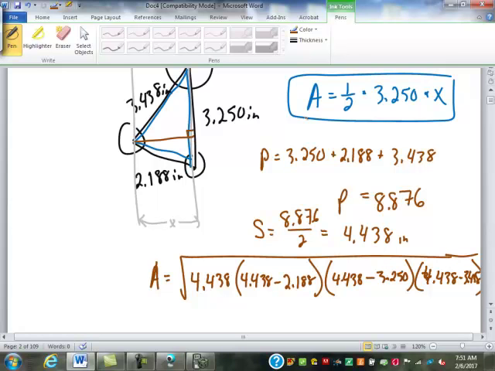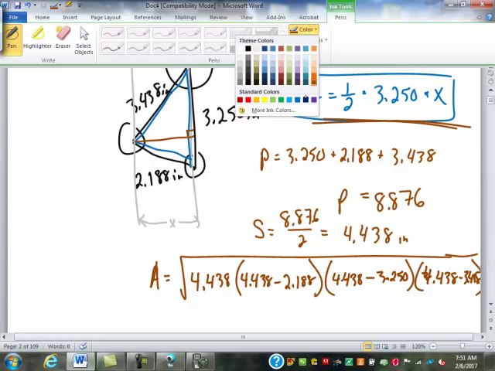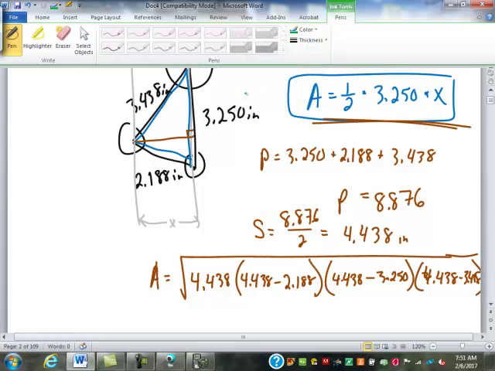Because that's the only way we know of to get back to find x here. If we knew the area, we'd find x because it's just 1/2 of this base times this height, where x is the height.